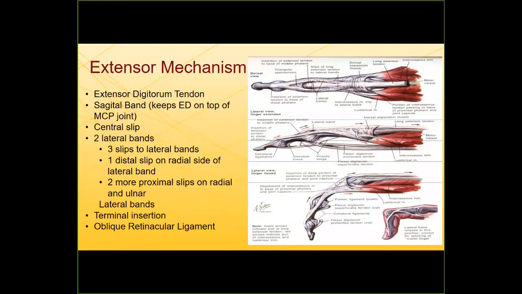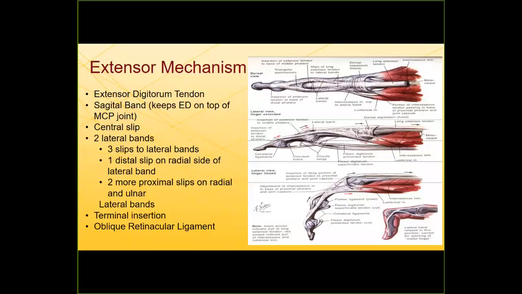So those are the components. I love these diagrams because the black arrows right here illustrate the forces being generated by the extensor digitorum muscle, and the red arrows illustrate the forces being generated by the lumbricals and the interossi. It's a really cool thing.